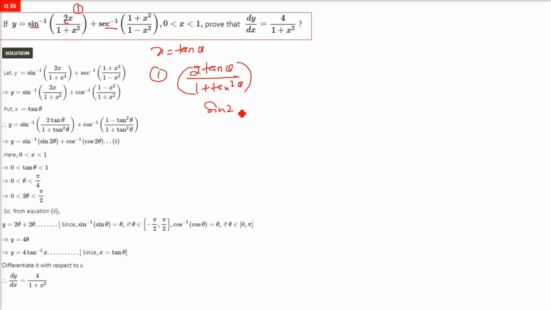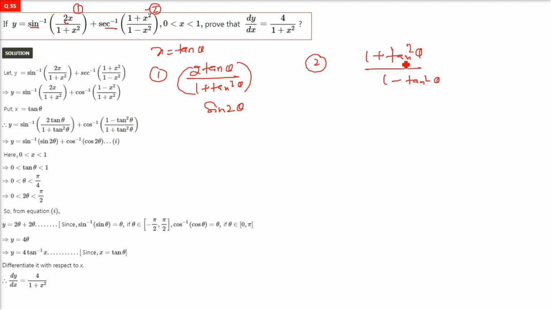We already know it. Then this one, 1 plus x square by 1 minus x square. Now if you put x as tan theta, it is going to be 1 plus tan square theta by 1 minus tan square theta. But we know 1 minus tan square theta divided by 1 plus tan square theta is going to be cos 2 theta. So there has to be some reciprocal here in order to get cos 2 theta.